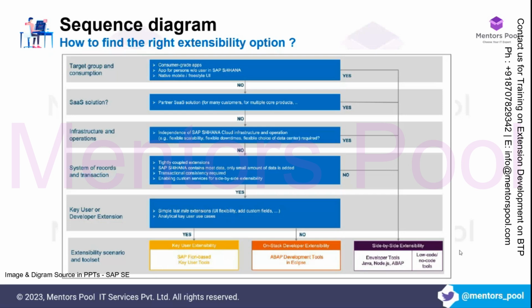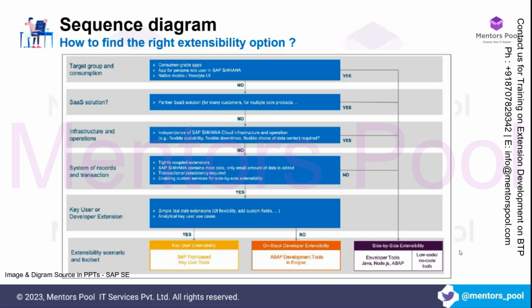If we are trying to extend a SaaS solution, or software as a service solution, and if we are looking to do it for many customers or for multiple core products, then in that case also side-by-side extension is the way to go.